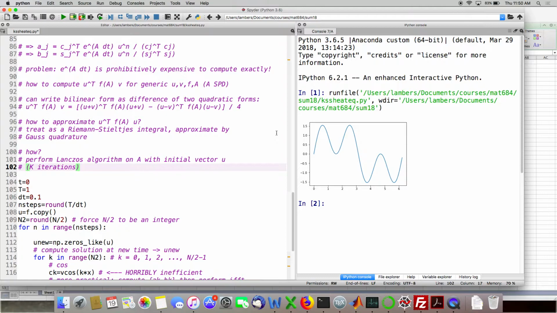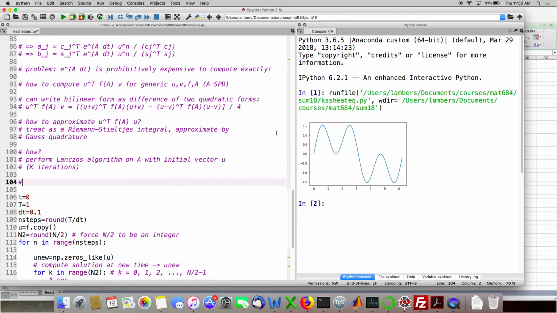All right, so that's the first step. Second step is, the output is a K by K tridiagonal matrix, what I'll call capital T. The idea is A is a capital N by capital N matrix, but the matrix T is much, much smaller.